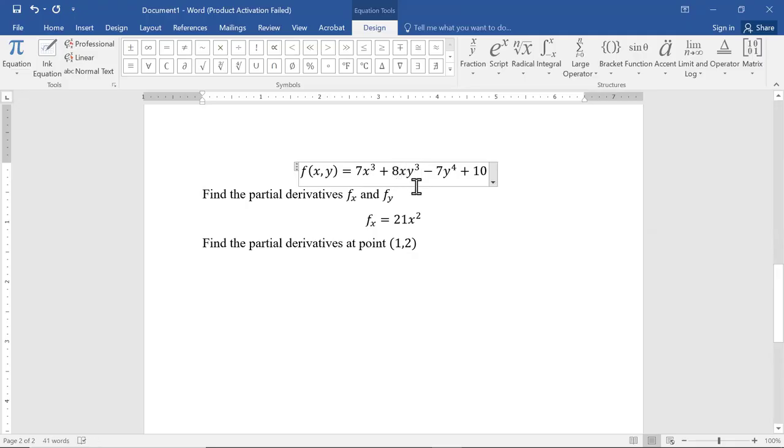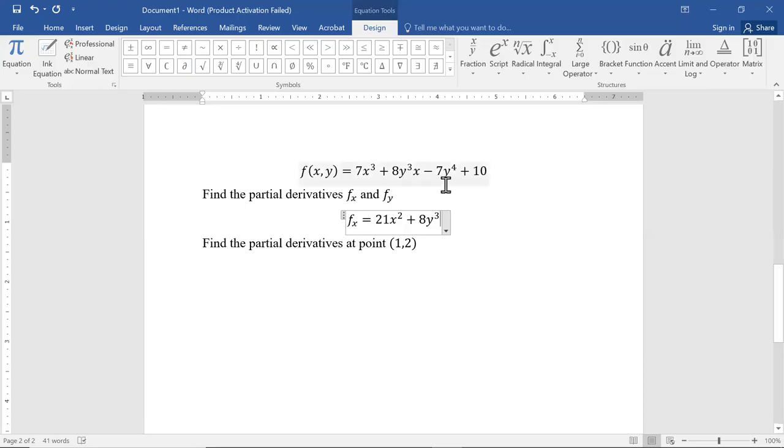If you wanted to rearrange it, you could think of 8y to the third times x, where 8y to the third is the entire coefficient of x. So if I take a derivative of that, I'm going to get 8y to the third times 1. Minus 7y to the fourth, that's constant if we're taking a derivative with respect to x.